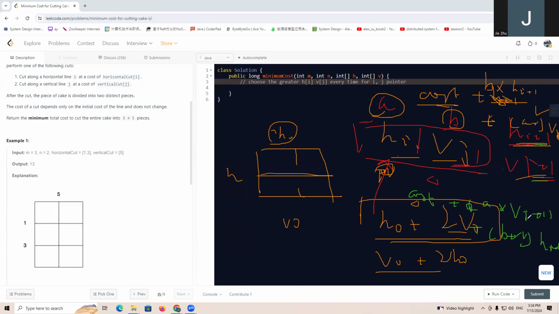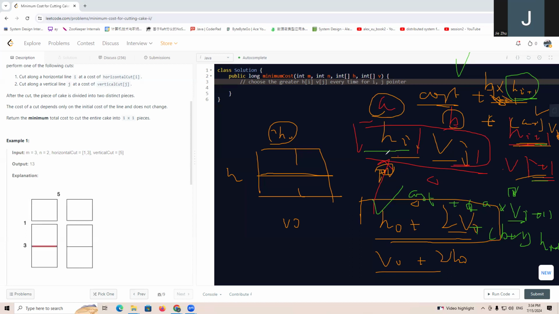So we'll say if horizontal is greater, this formula will be smaller. If vertical is greater, then this formula will be smaller, right? So to minimize our cost, for I and J, HI and VJ, that is our greedy strategy, and it is correct.